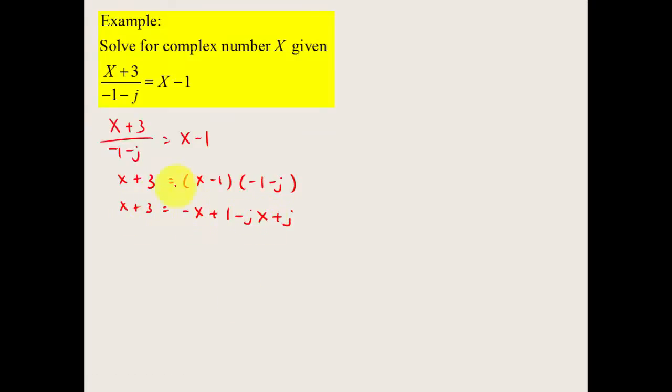Then I'm going to bring all the x terms to the left and push all the non-x terms to the right. So I have x plus jx. On the right hand side, I have 1 plus j minus 3. Take out the x like a common factor. At the same time, I tidy up the right hand side.